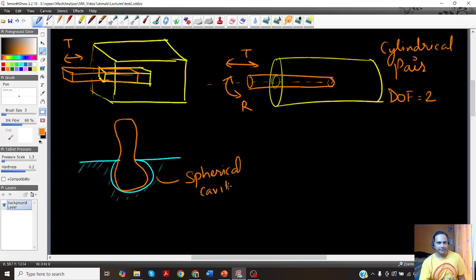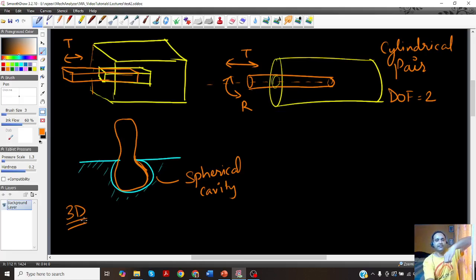There is a spherical body inside a spherical cavity. So if you observe, this is a 3D case.